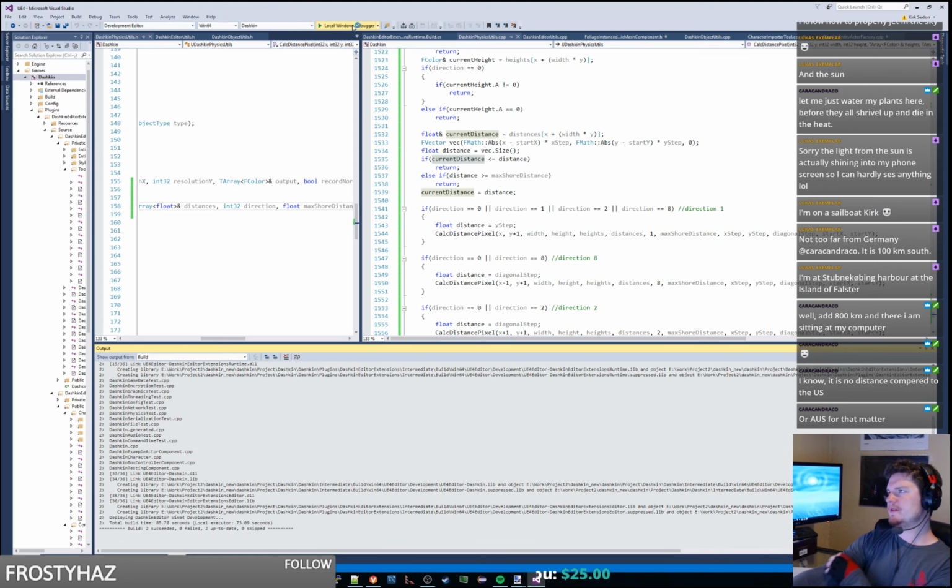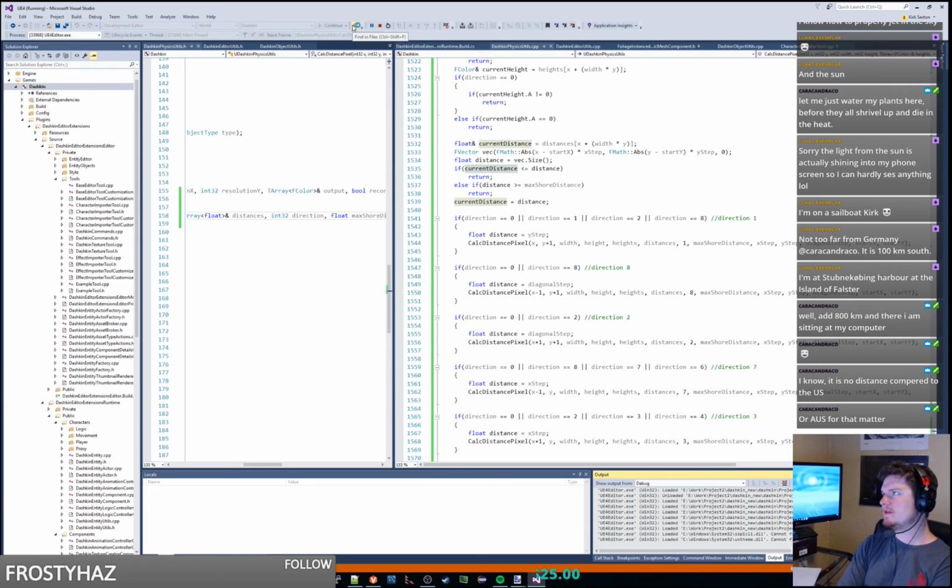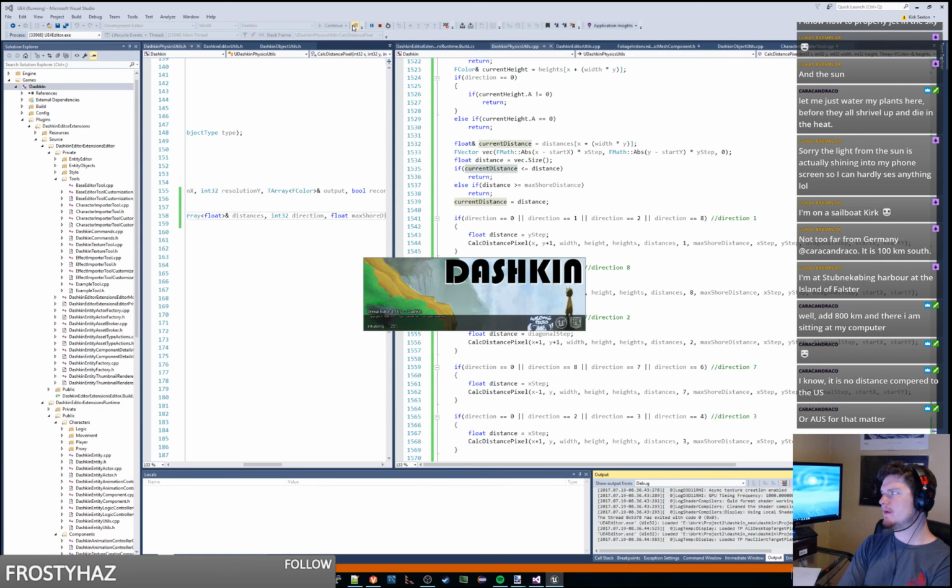Well, let me think. Is there some sort of issue here with distances? Or we're going to get some artifacts. I'll have to think about it.